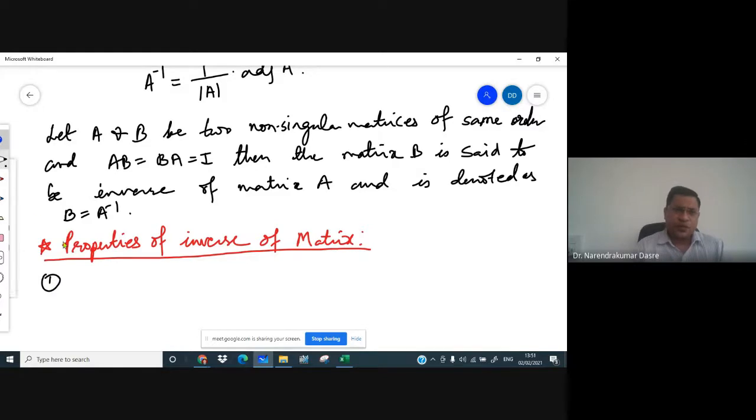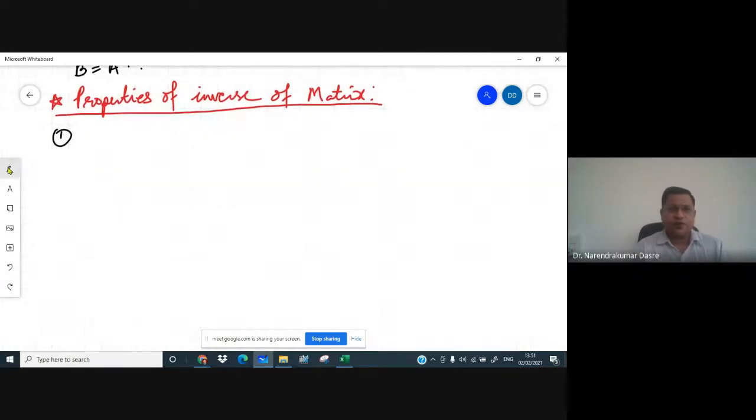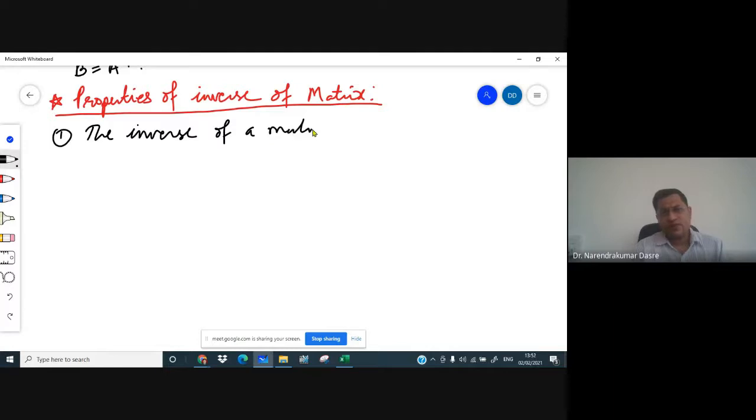So first property is that the inverse of a matrix, if it exists, then it is unique.